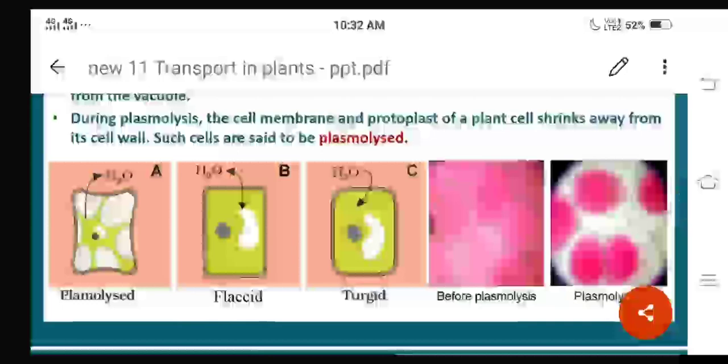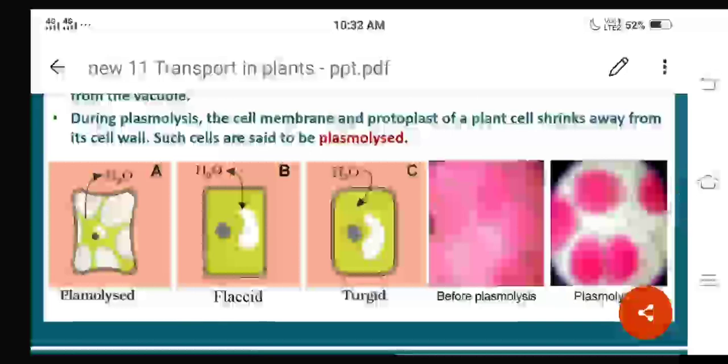In these two diagrams you can observe the cell before plasmolysis and the plasmolysed cell. In the Rhoeo leaf, we can take the epidermal peel and keep a small portion of the epidermis on a slide containing a few drops of hypertonic solution, and after some time we can observe plasmolysis.